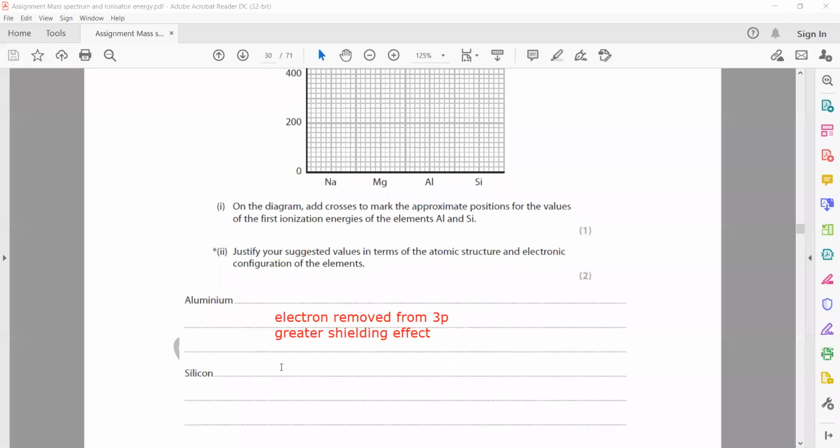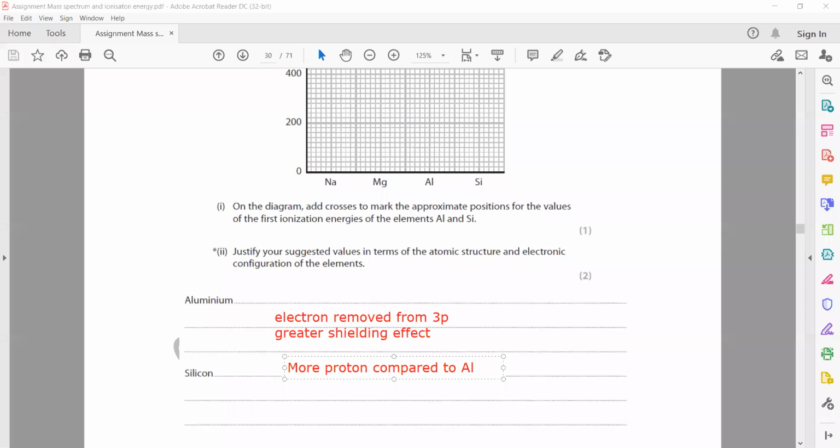For silicon, it has more protons or greater nuclear charge compared to aluminium. So even though the electron is removed from the same shell, because of the greater nuclear charge, the ionization energy will be higher.